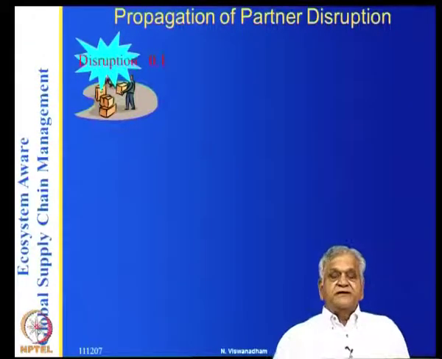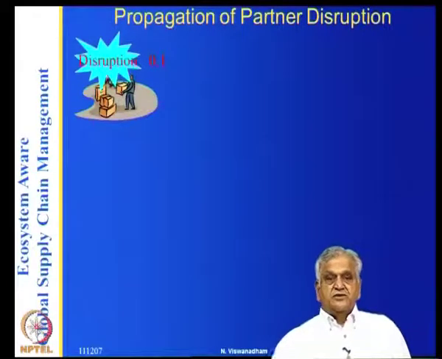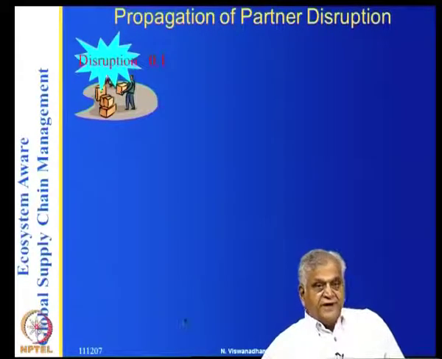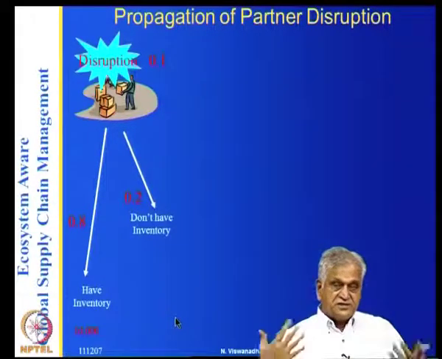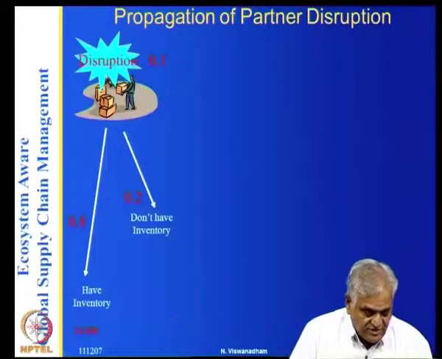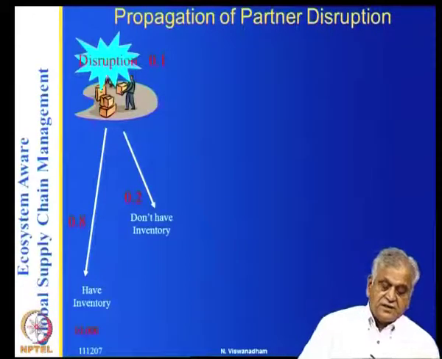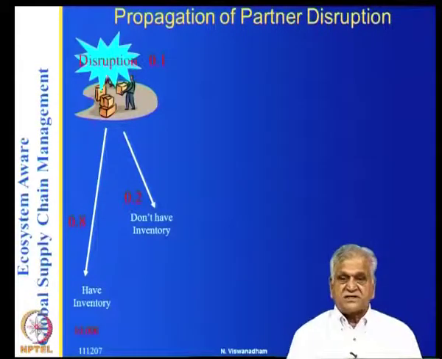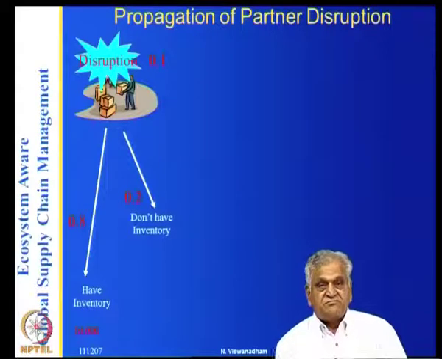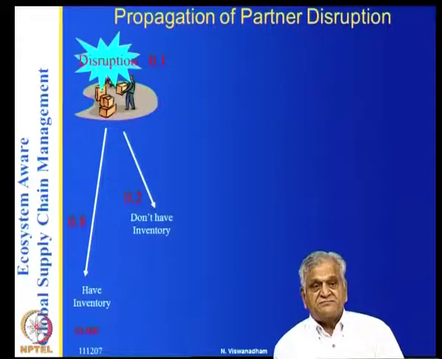Supposing there is a supplier you are sourcing from, and there is a disruption at the supplier. In other words, there is a fire in his factory or something like that. Now you are sourcing from that supplier, and the supplier for some reason becomes ineffective.